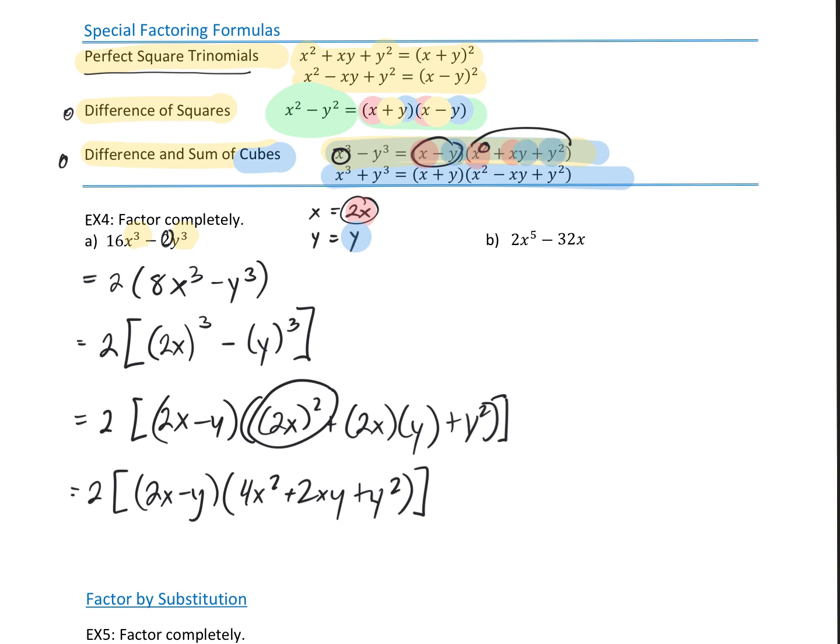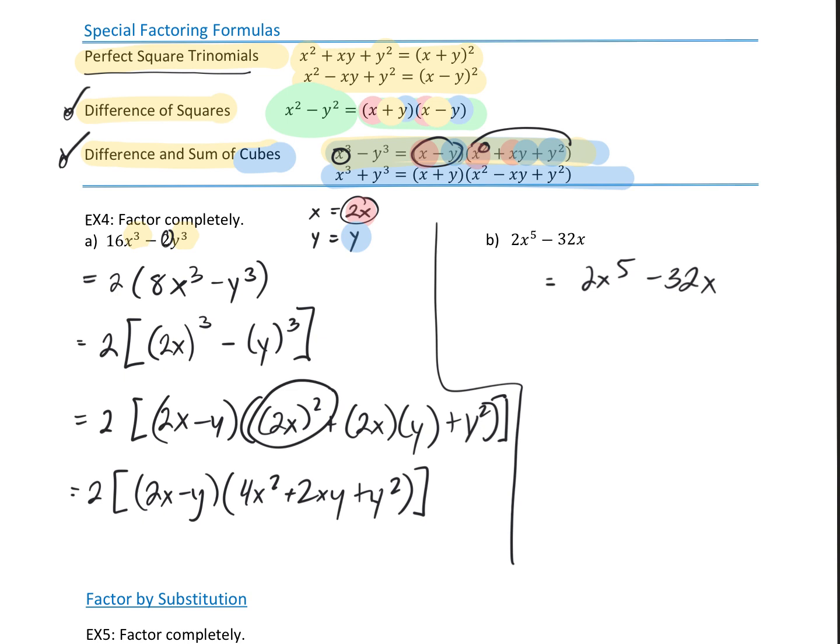Okay, so now let's take a look at the next one, part B. First off, again, what we should always do is factor. See if we can factor out the greatest common factor. So in the 2x to the 5th power minus 32x, it is a binomial, so I know it's going to be difference of squares or difference and sum of cubes.